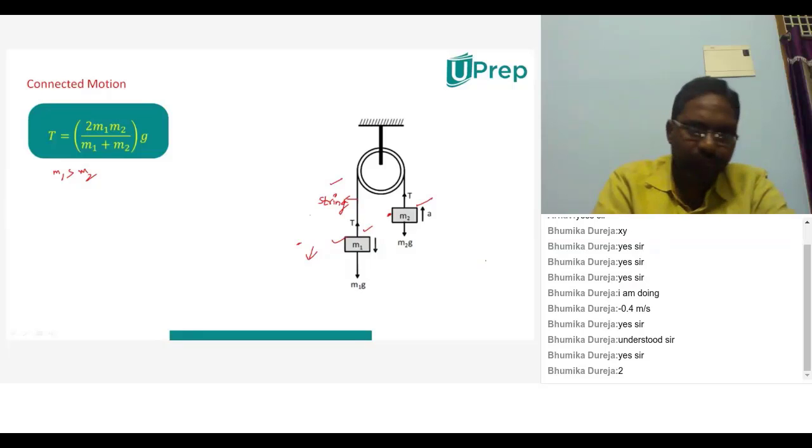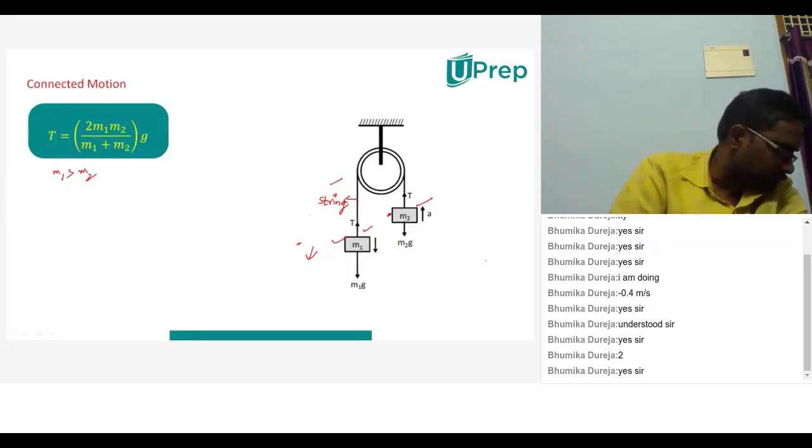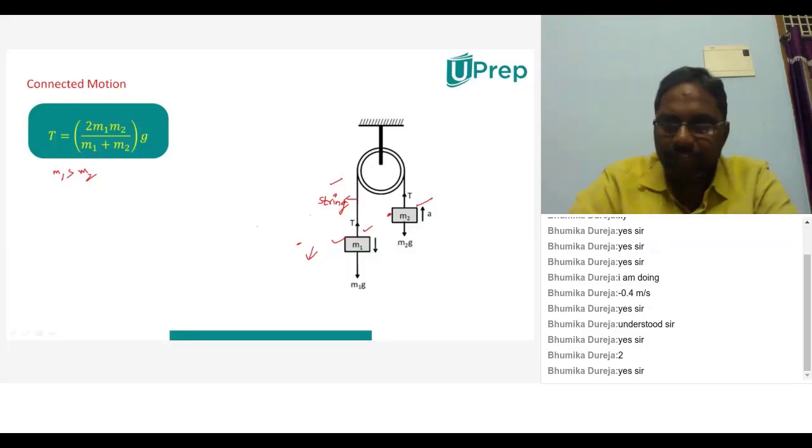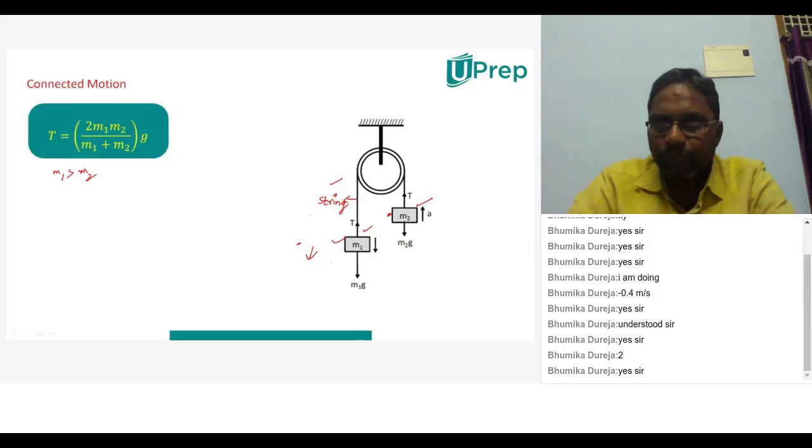Bhumika, is it clear now? Right. So as the mass of the first one is more, definitely the system will now move down. When it is moving down, with what acceleration is this first object moving?